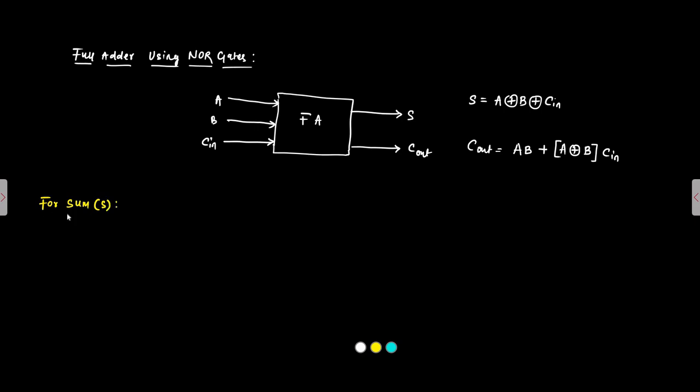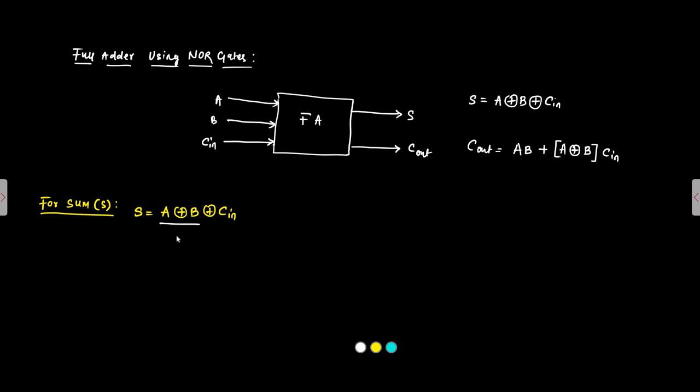First for the sum part. A XOR B XOR C. This is sum.